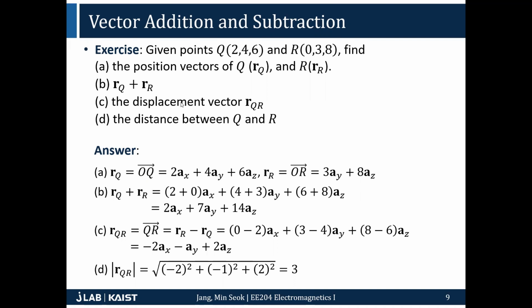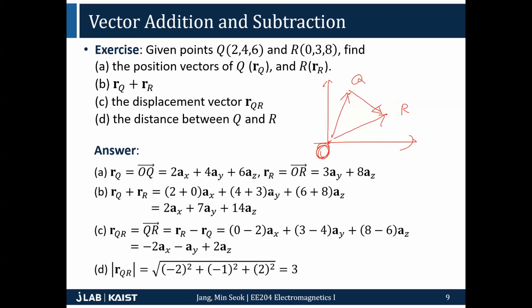And then the displacement vector QR. Here you have origin O, and then you have Q, and then you have R. RQ is this, and RR is this, and then the displacement vector QR is from Q to R, like this.